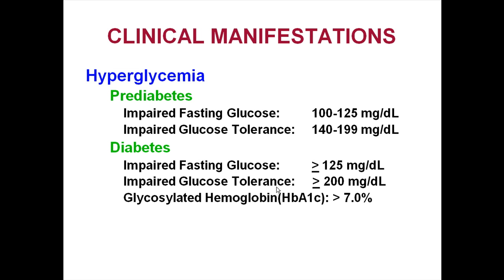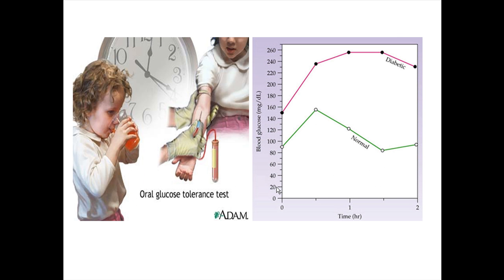Another one is called the A1C test, or glycosylated hemoglobin of 7%, which basically has to do with how much glucose is embedded into the red blood cells, and gives you kind of a 3-month average of your sugar levels. For the glucose tolerance test, again, you'll take some heavy sugar material, and then they'll test you over 2 hours and see if your blood sugar level goes up and then stays up.